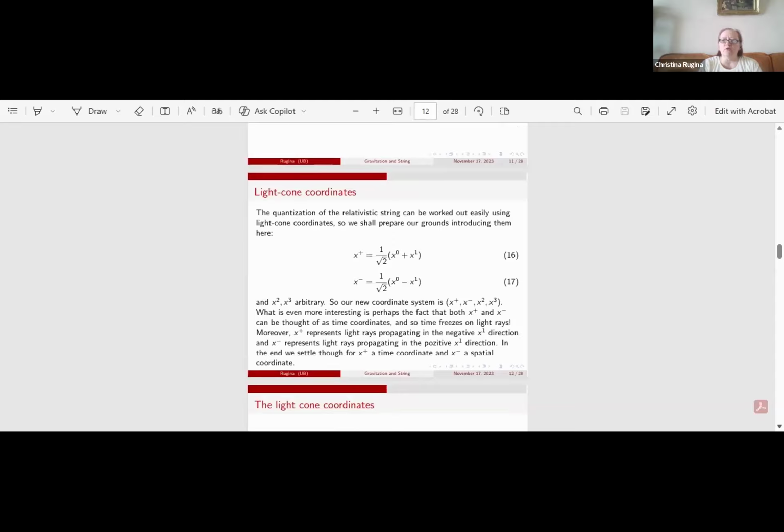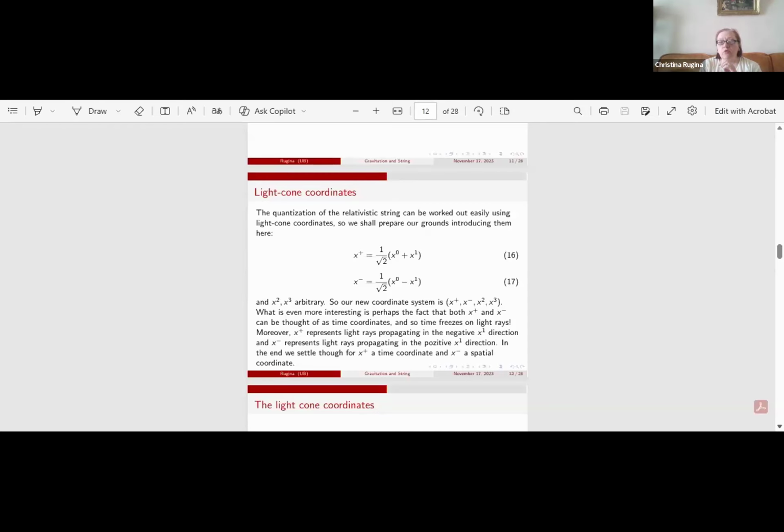Now we go to light cone coordinates. These are not just fancy things. These are coordinates in which we will actually do the entire quantization and work with a relativistic string and so forth. Professor Zwiebach works in light cone coordinates. Other books, like Polchinski, don't necessarily work in light cone, but a lot of properties of strings and of the theory are visible in light cone coordinates. So it's really a very good tool.